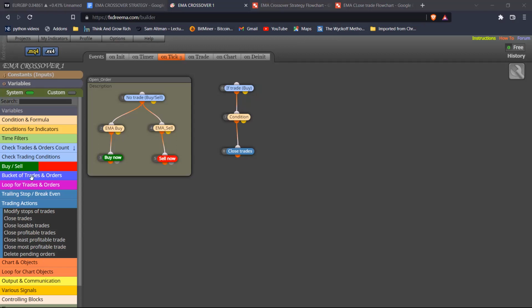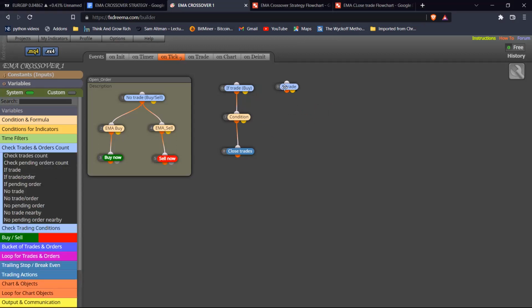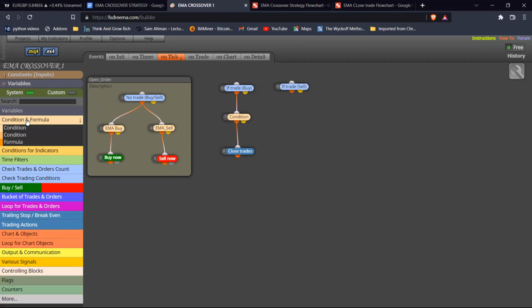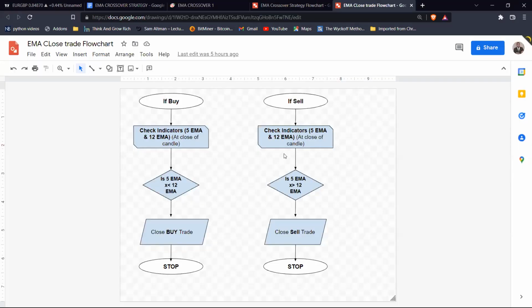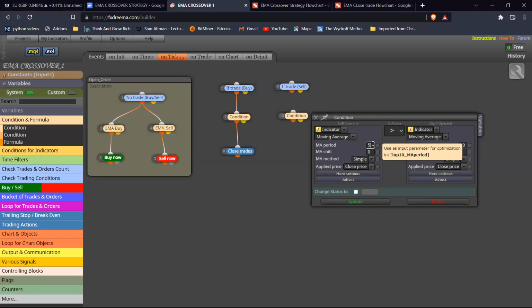So we go back, we look at this, we say if trade, that means if there's an open trade. However, if this open trade is a sell this time, because we've captured the value for buys, so we want to look at if this one is a sell, then what we want to do is also check our moving average and their conditions. So what we want to check here, we can always reference this. We want to see, to close the sell, we want to see if the 5 period is now crossing above the 12. So we go back here, we select our moving average.